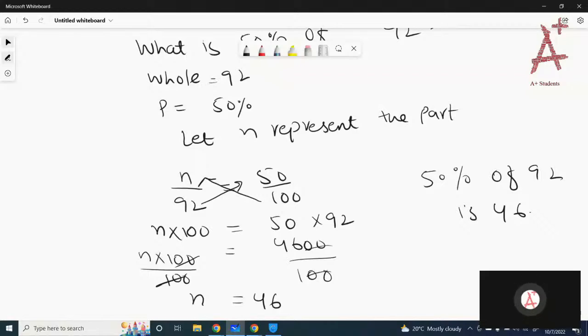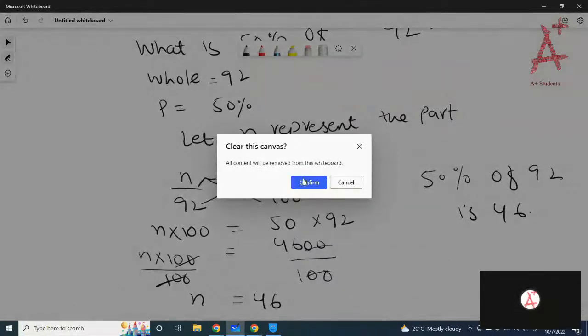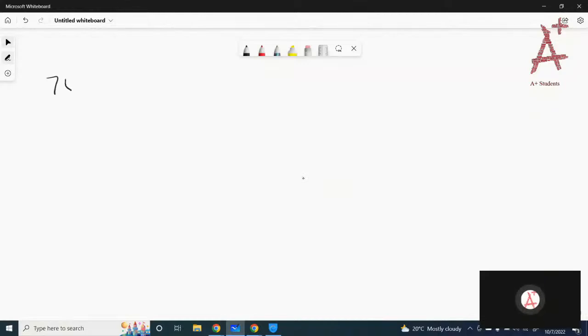Okay, let's do another example. What is 75% of 68? You have to find 75% of 68. So what is the whole here? You can communicate with me by writing the answers in the live chat.